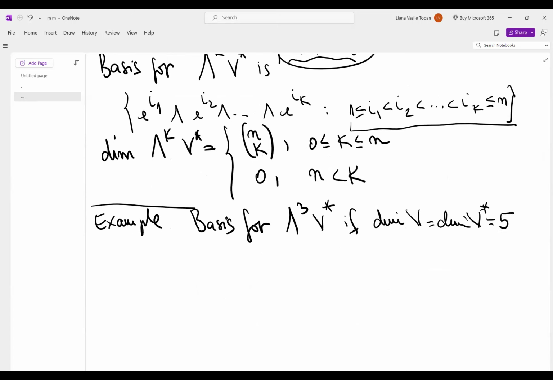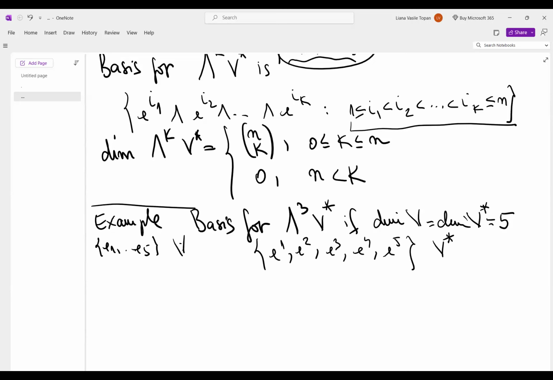So we have a 5-dimensional vector space, and we want to write down a basis for its third exterior power. Suppose that we have e_1 up to e_5, a basis for V, then the dual basis for V star will be e^1, e^2, e^3, e^4, e^5. That's the dual basis in V star.